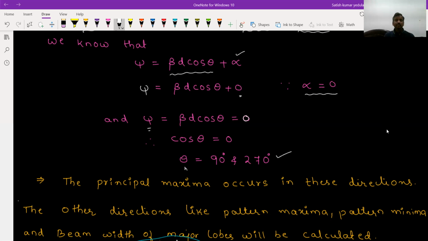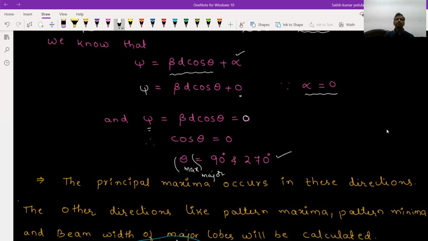This is nothing but the theta maxima of the major lobes. This is the first angle that we will be finding, and this is also called the principal maxima. So these 90 degrees and 270 degrees are the directions in which the principal maxima occurs. That means these are the major lobe maxima directions.